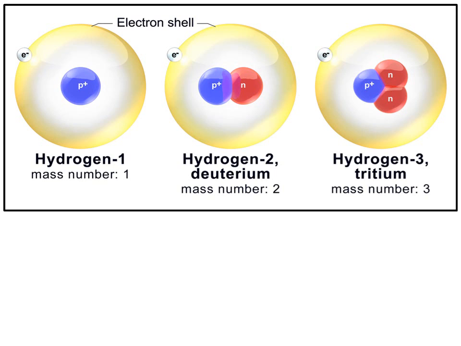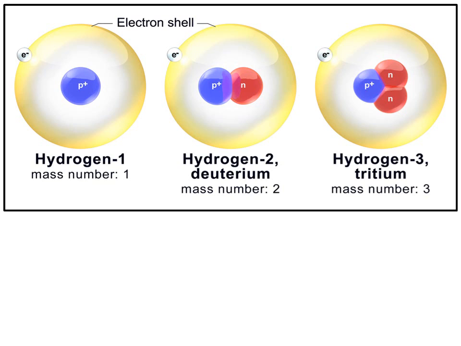Now, this is the electron shells of hydrogen. These are the isotopes. Now, look here. Hydrogen with mass number 1 is called protium. Second, hydrogen 2 is called deuterium. Its mass number is 2.